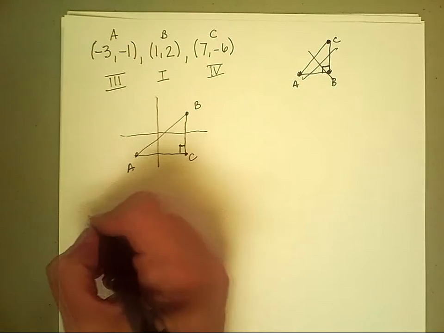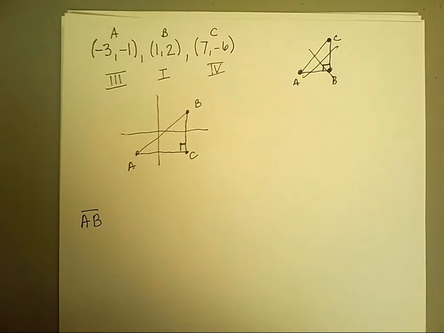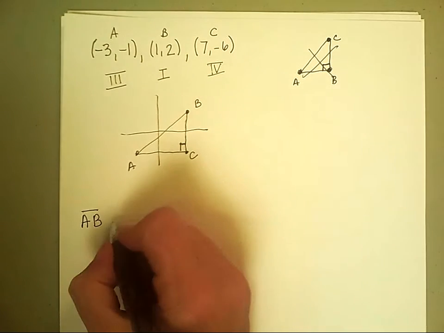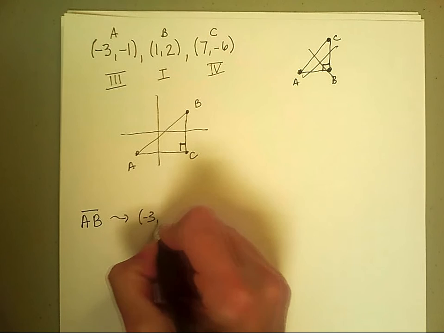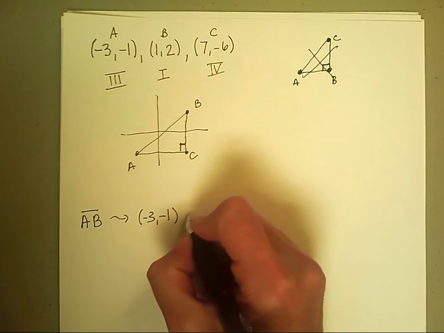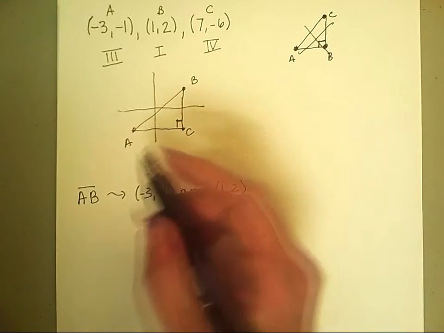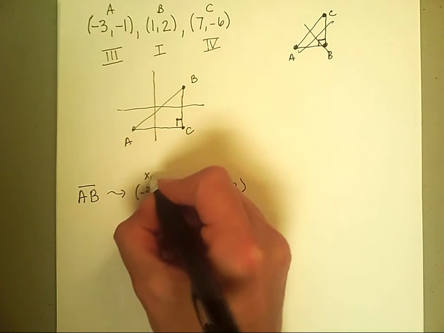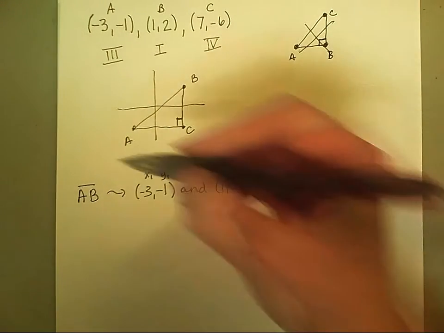Alright, so let's do this. Let's find the distance between A and B, that line segment between A and B. For that, we're looking at the points -3, -1, and 1, 2. If this is x1 and this is y1, and this is x2 and this is y2.